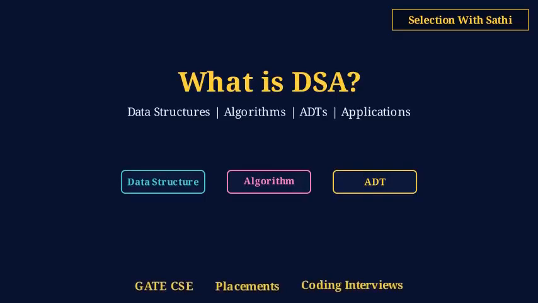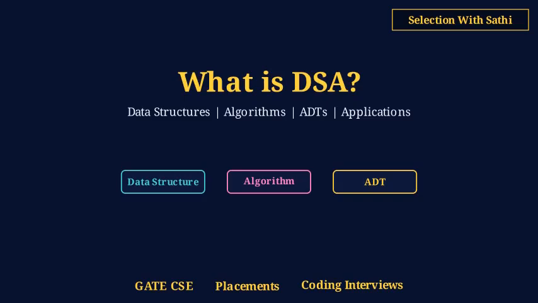Today we are going to cover one of the most important topics in all of computer science. What is DSA? DSA stands for Data Structures and Algorithms, and it is the foundation of everything you will learn in programming.